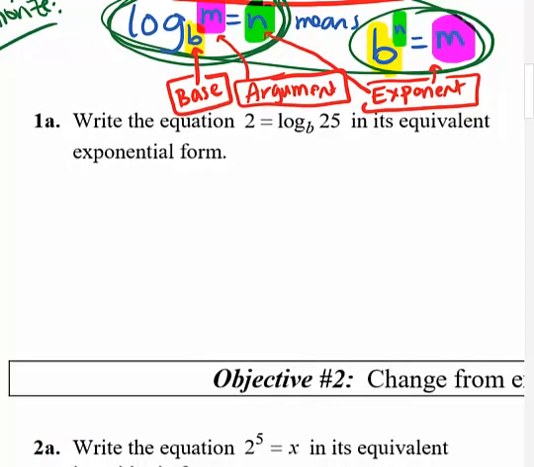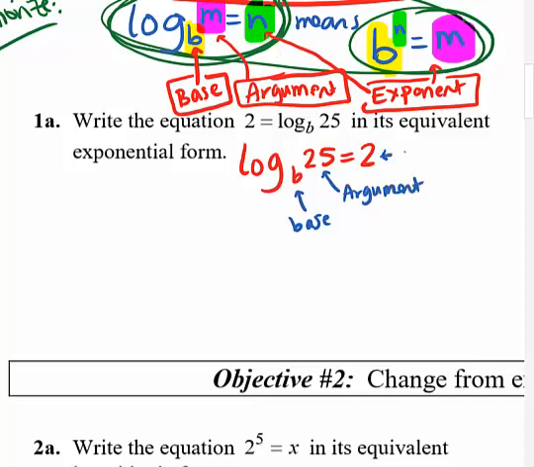Let me take what they gave us in this first example, log base b of 25 equals 2, and rewrite it. As long as I remember the names of everything, that should help me. b is the base. The number or letter inside the log, other than the little number, is called the argument.